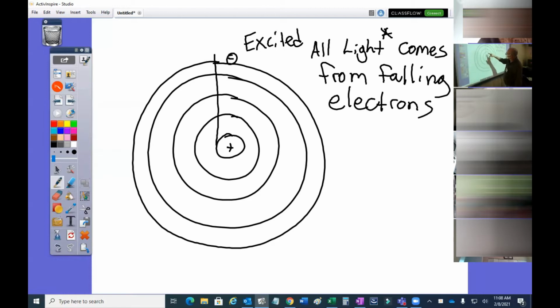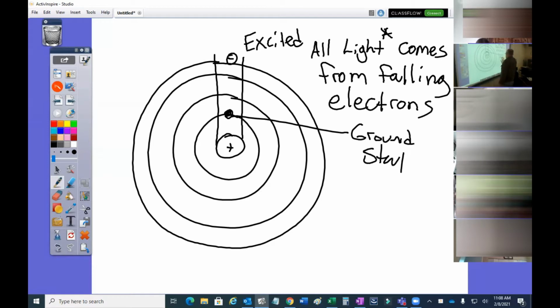If you think about this as a ladder, the higher up the ladder you climb, the more energy you have. We call that the excited state. Down here, we call this the ground state. And it kind of means exactly what it sounds like. If this is a ladder, the rung that's closest to the ground is called the ground state. That's the lowest energy rung of the ladder. And the electrons are being pulled down, and that's why they fall.